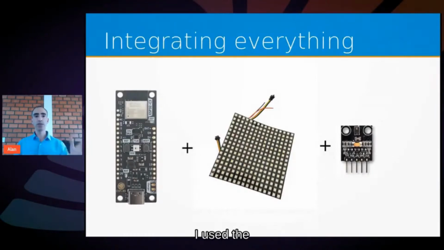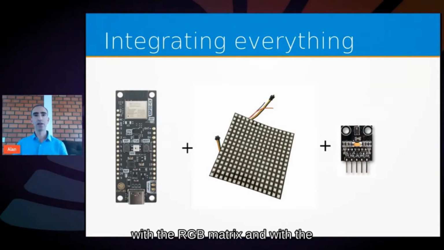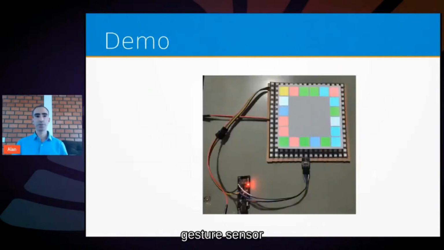I used the ESP32-C3 Rusty board developed by our friend Pedro Minatel. I integrated it with the RGB matrix and with the gesture sensor. Now I will show the demo of it working.